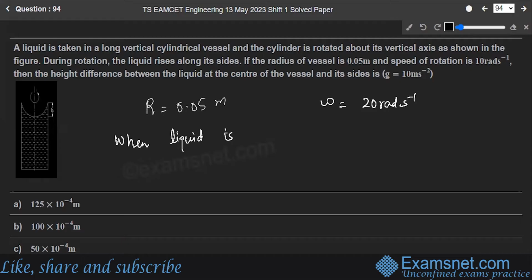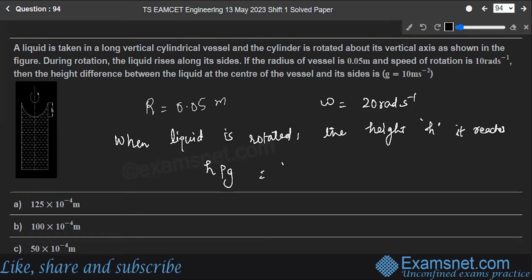The height h it reaches is given by h rho g is equal to 1 by 2 rho r omega whole square. So cancelling out rho and rho, you have h is equal to omega square r square upon 2g.